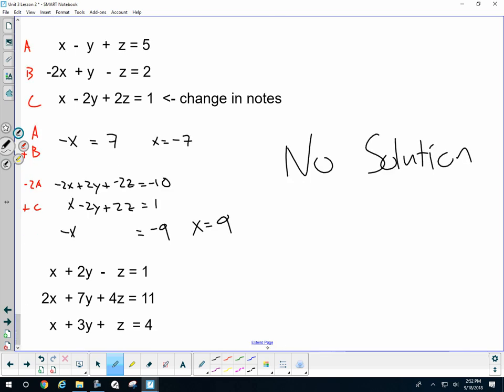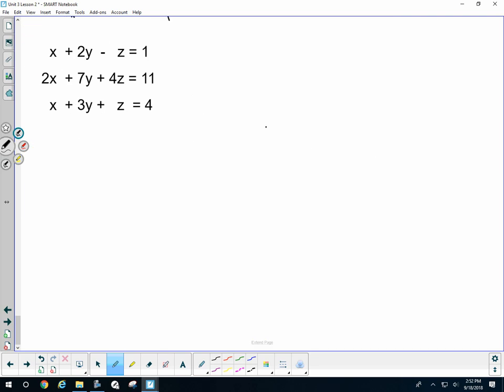Let's look at this one. Looks like the z's are easy to eliminate. Let's add A and C. I can do it really quickly, just looking at it. I get 2x plus 5y equals 5.